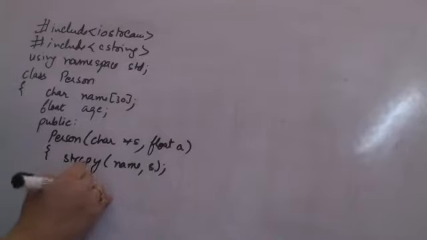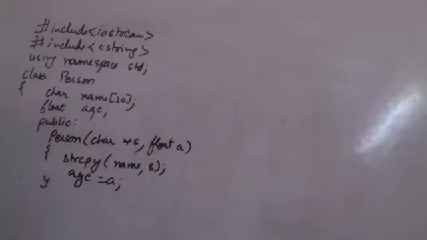Age is equal to A. I have just copied the parameters here. This is what the constructor does.